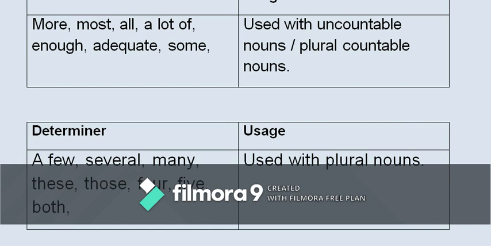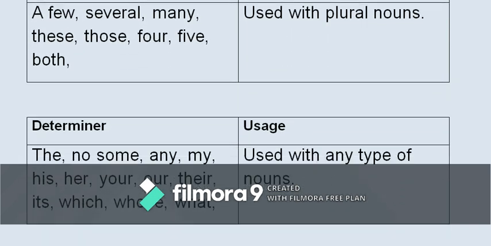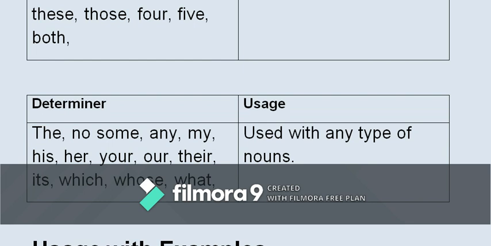The usage is with plural nouns only. For moving further, we have words like the, no, some, any, my, his, her, your, our, their, its, which, whose, what. These words are used with any type of nouns.